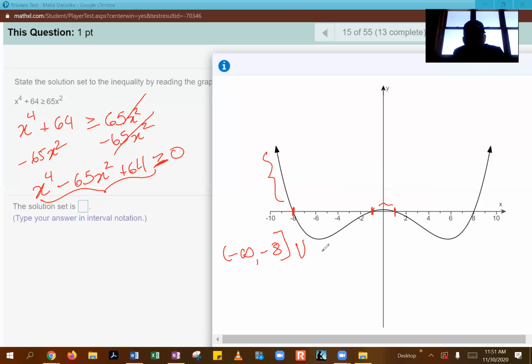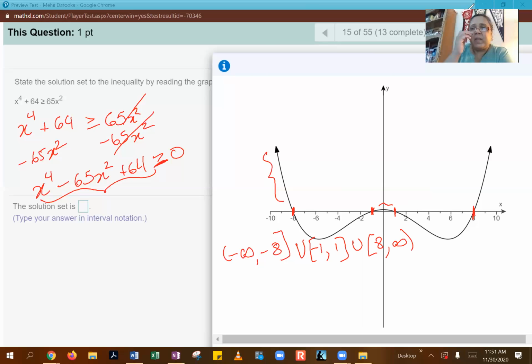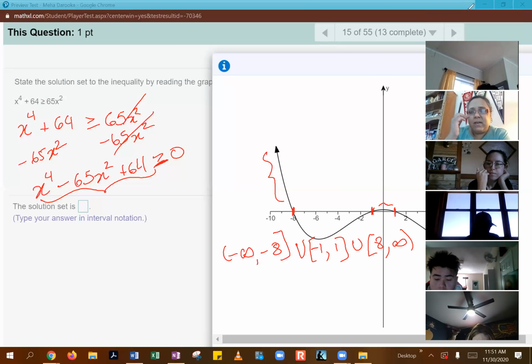So you're going from -1 to +1, including the endpoints, and then you pick right back up at +8, including +8 to infinity. And Anna, looks like you meant to include them, right? With your curly brackets in there. Is that why you have those in there? Yeah, okay.